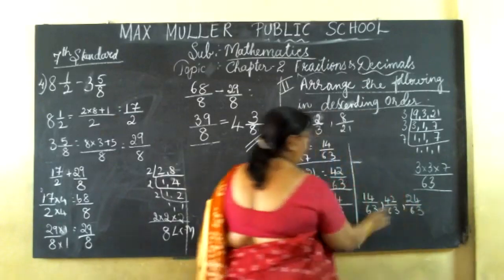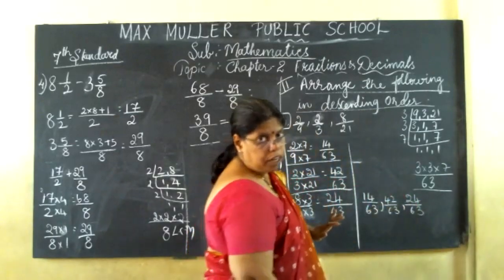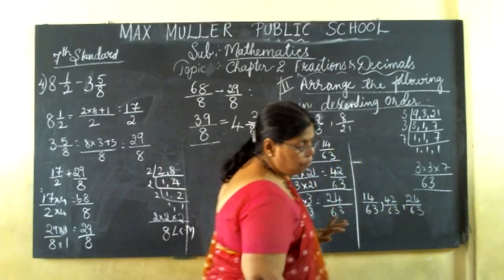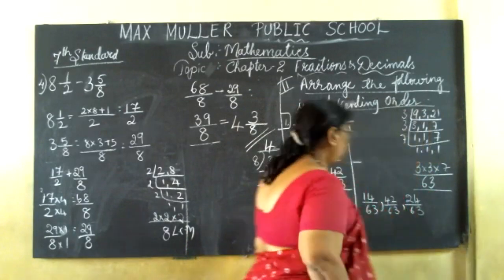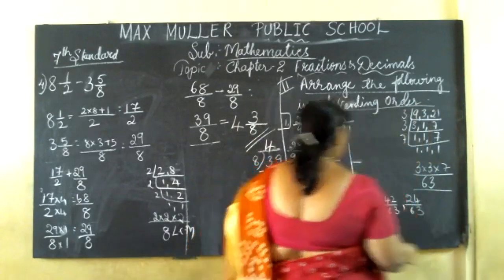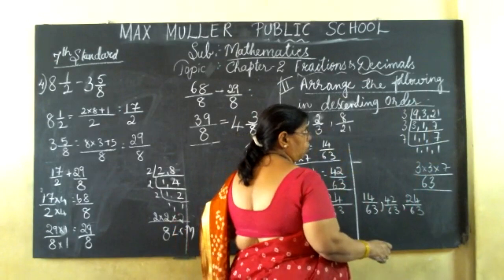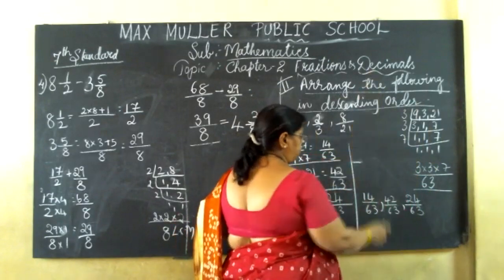Now you got all the denominators the same. Now we will arrange it. So what is this? Bigger to smaller. Descending, no. Up to down.